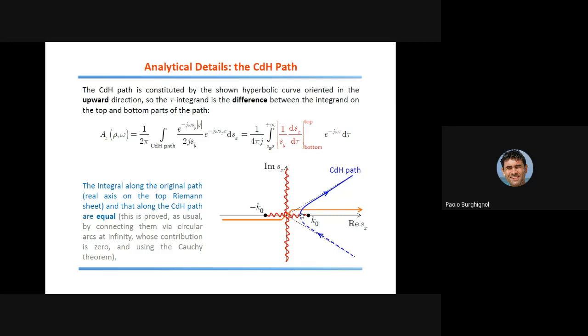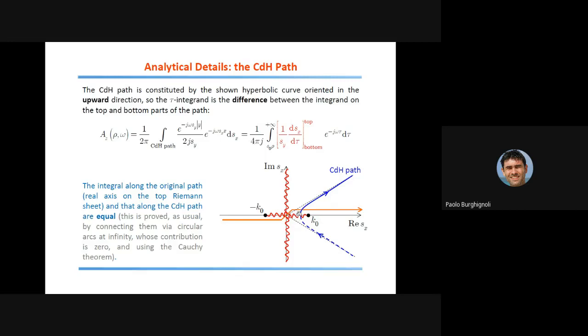To take into account also the lower portion, we have written the integrand as the difference between the integrand evaluated on the top part of the Cagniard-de Hoop path and the integrand evaluated on the bottom part, the dashed line. Okay, why the difference? Because as you can see here, we are going upwards on both the bottom and top parts.